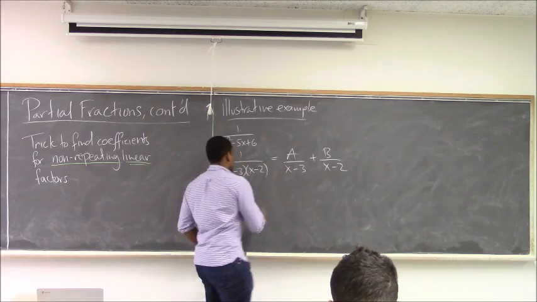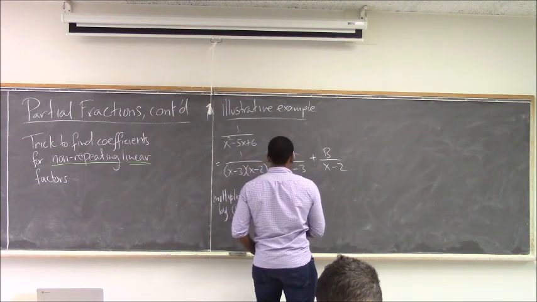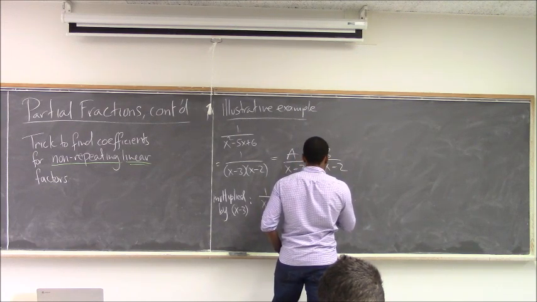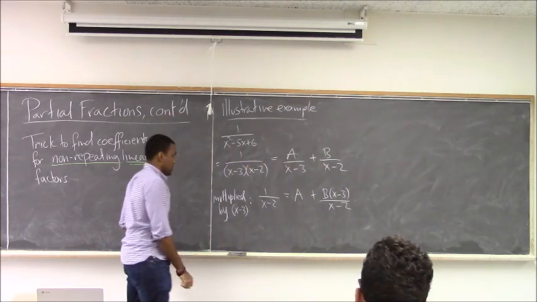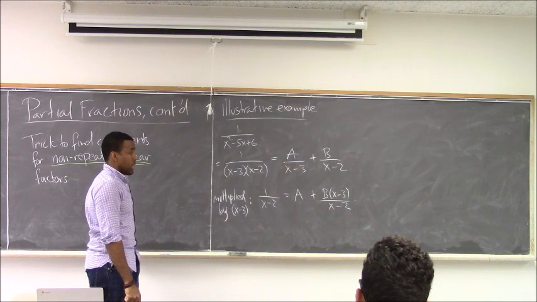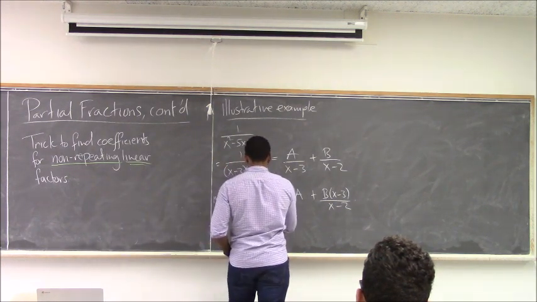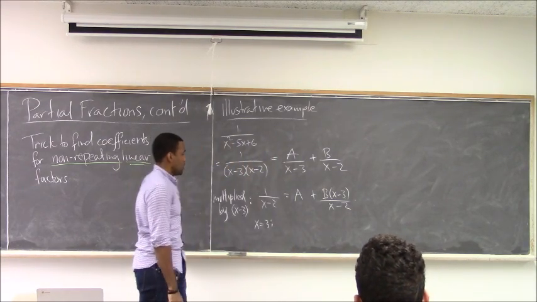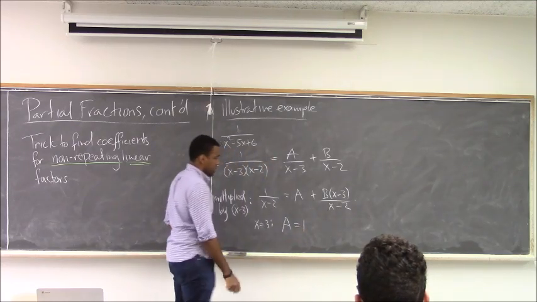What's going to happen is I have a plus b times x minus 3 over x minus 2. Now what happens when you plug in the convenient value, say x equals 3, what's going to happen? You have a solved for already, right?